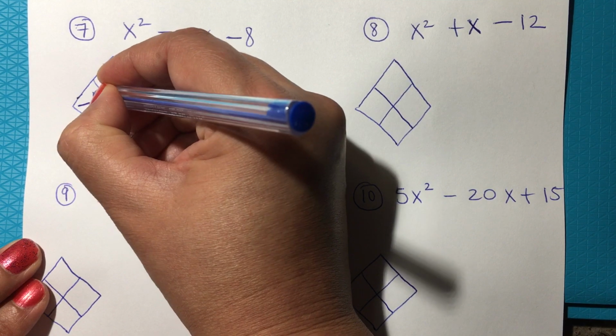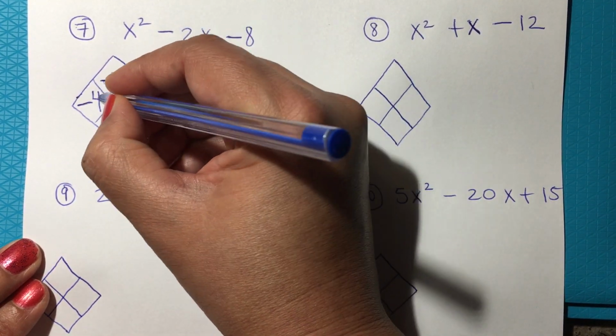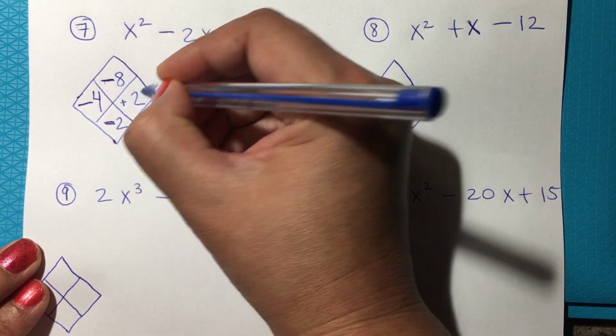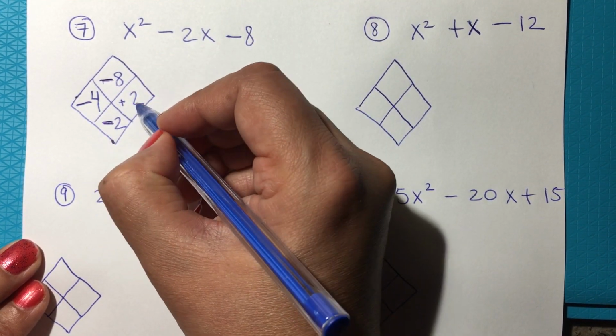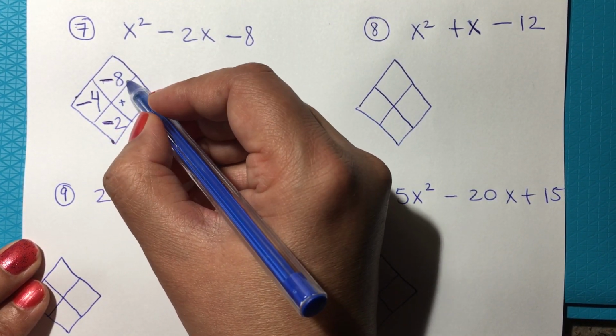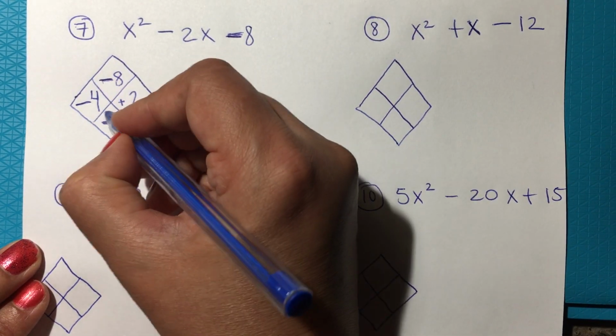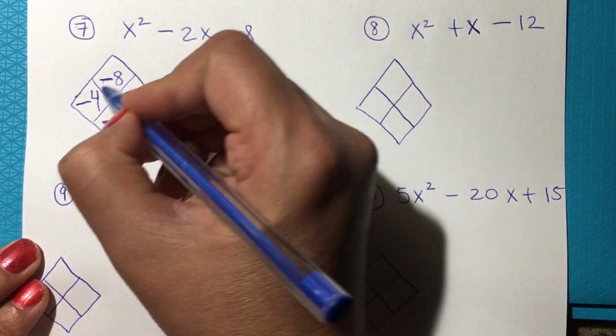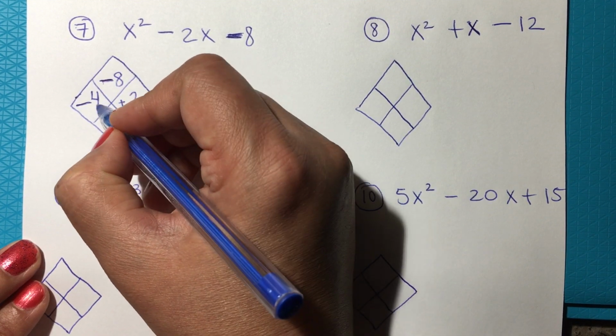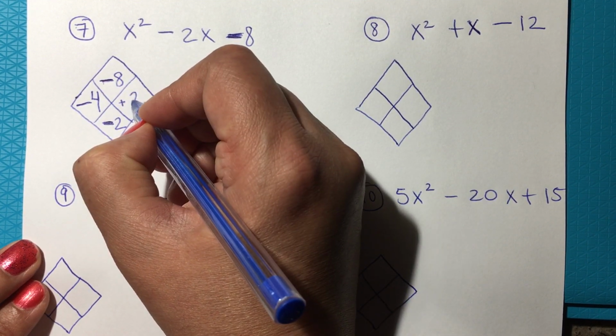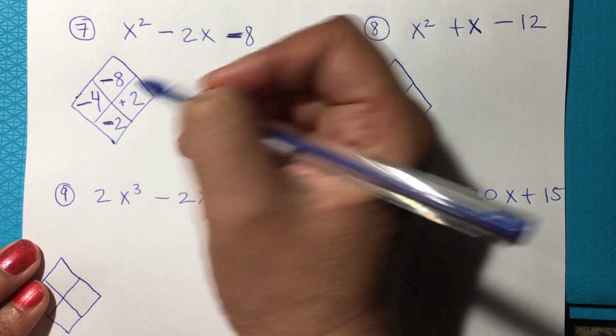And the 4 is the biggest, so we leave it with this sign. So -4 times +2 is -8. But when we subtract them, it's negative, 4 minus 2 is 2, with the greatest sign gives us that.